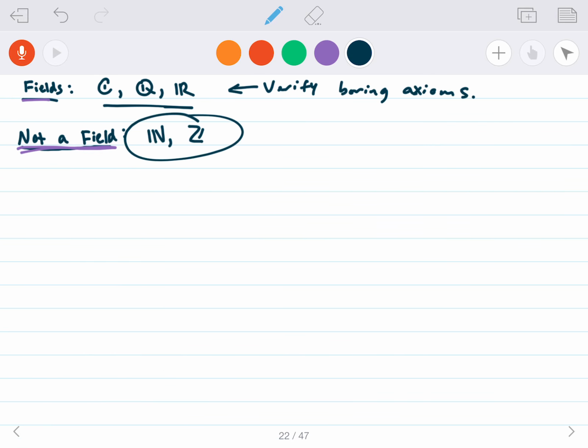Not a field. Why not? Well, if you can find one of those axioms that isn't true for these sets, then it can't be a field, if just one of them's not true. So think about your natural numbers. Okay, so your natural numbers are 1, 2, 3, and so on.